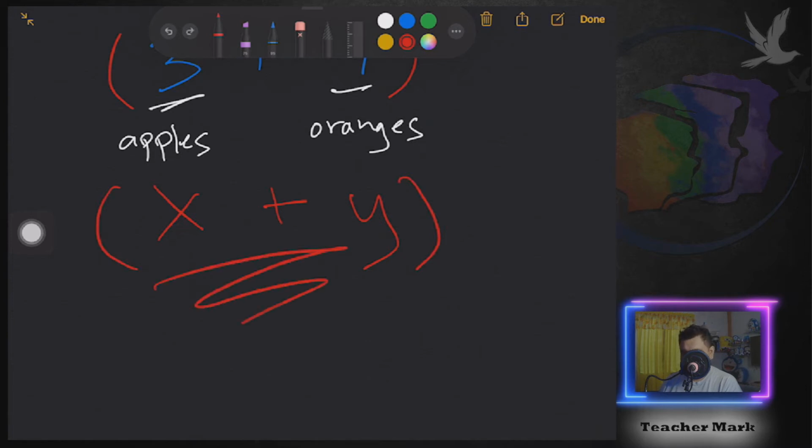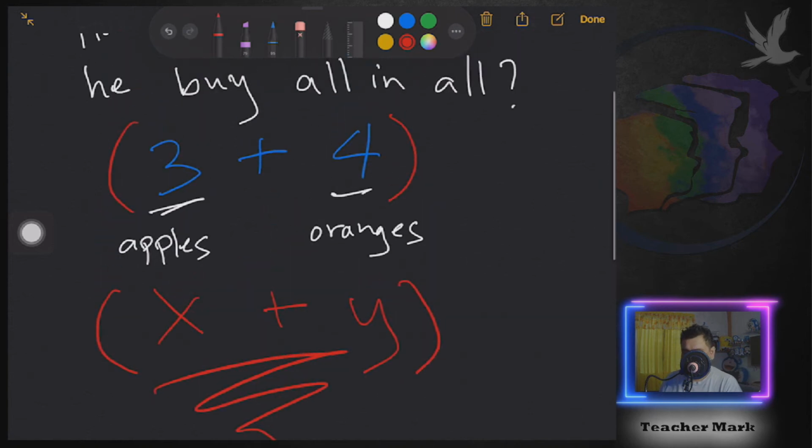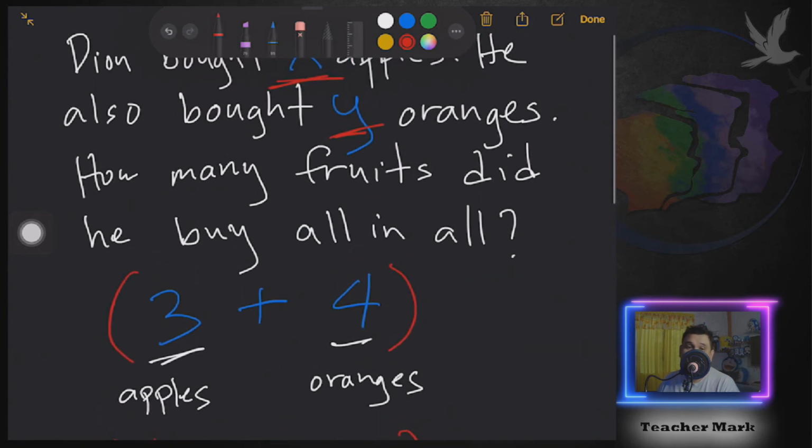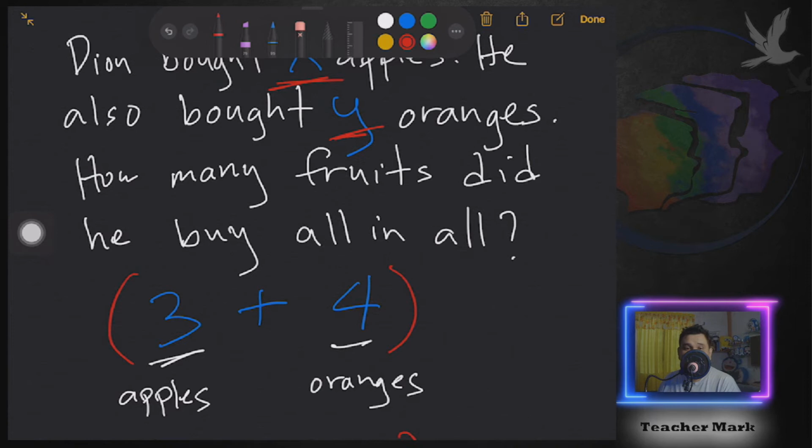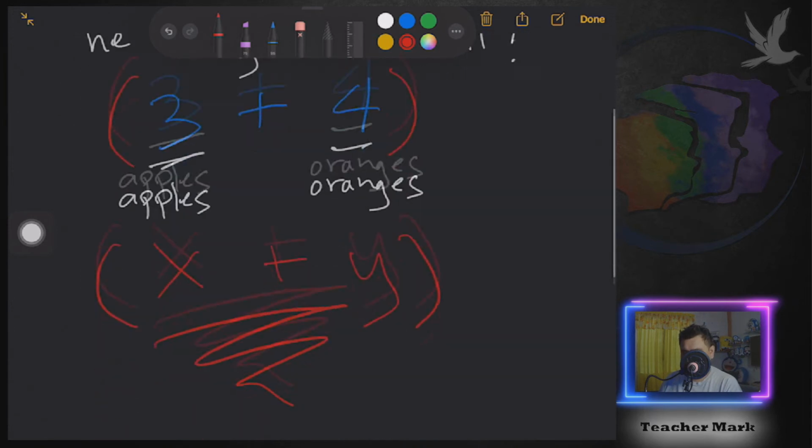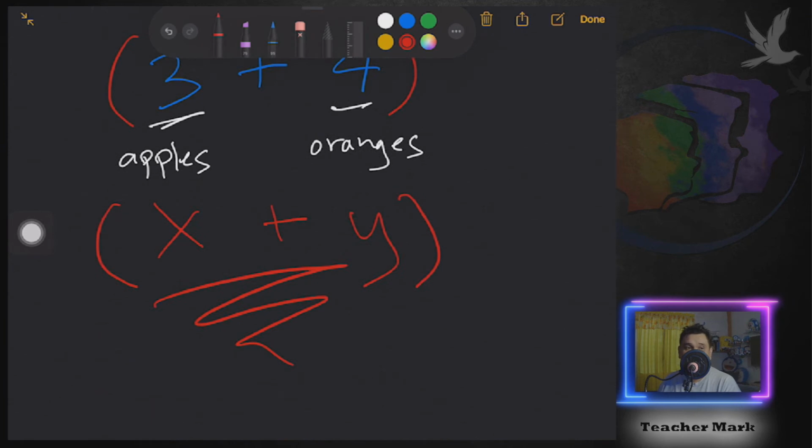And this is now the algebraic expression of the solution to our problem. Okay? So instead of saying that the answer is 3 plus 4, which is 7, the algebraic expression of the solution to this problem is x plus y. Okay, still confused, right? Let's try another example.